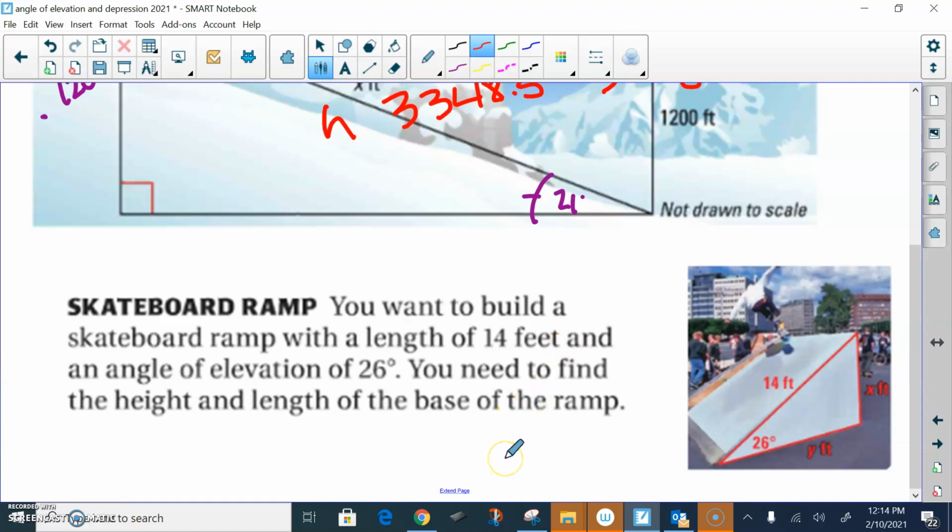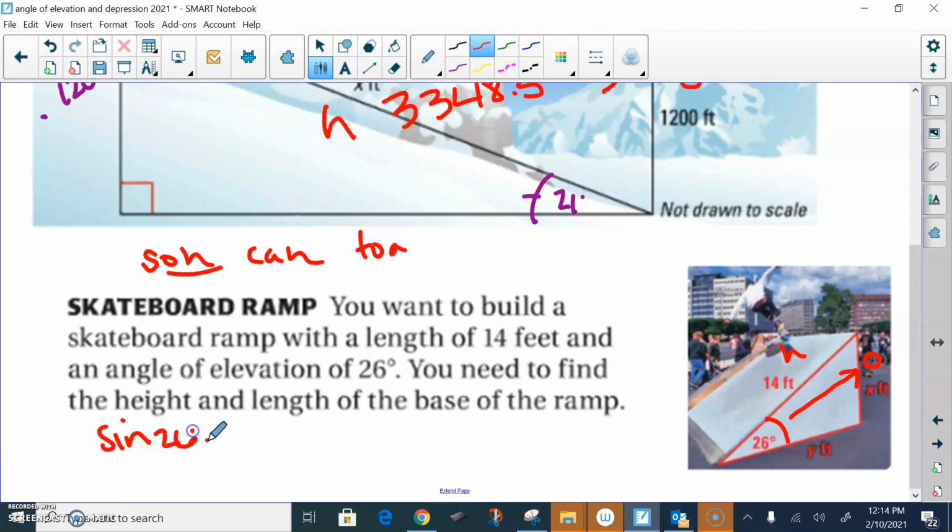Let's look at another one. You want to build a skateboard ramp with a length that's 14 feet. So your ramp is going to be 14 feet long. You want to have an angle of elevation, so that's going up, of 26 degrees. Find the height and the length of the ramp. Okay, so let's do one at a time. This will be our opposite. This is our hypotenuse. So if we look at our SOHCAHTOA, opposite hypotenuse tells us we're going to use sine.